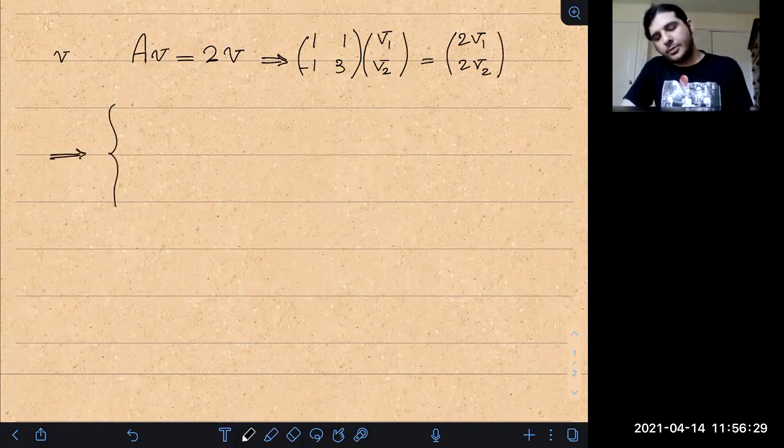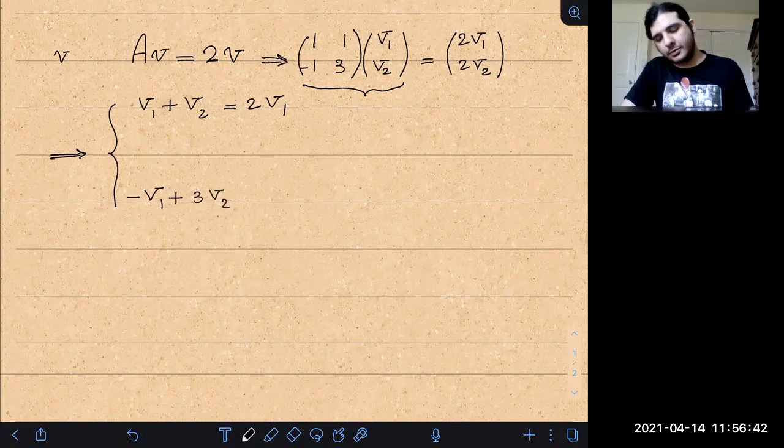So if I do this computation, AV, I get V1 plus V2 equals 2V1, and minus V1 plus 3V2 should be equal to 2V2.